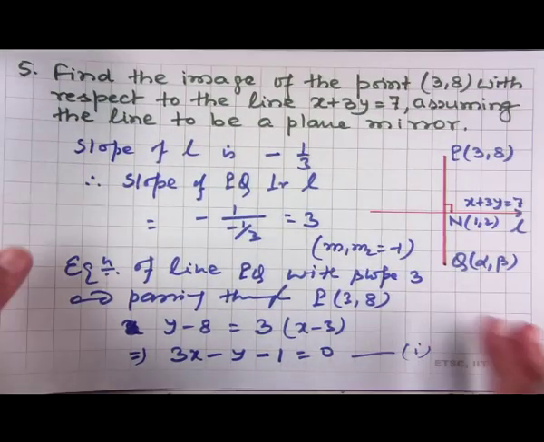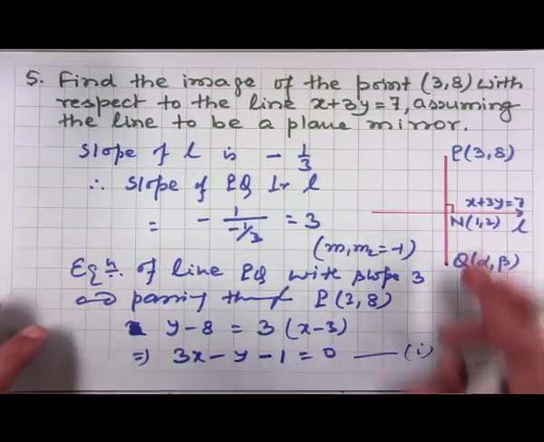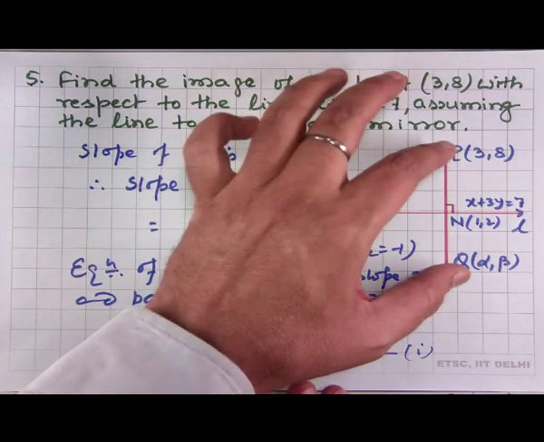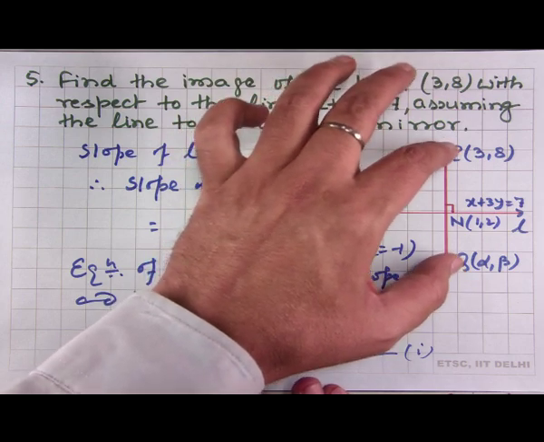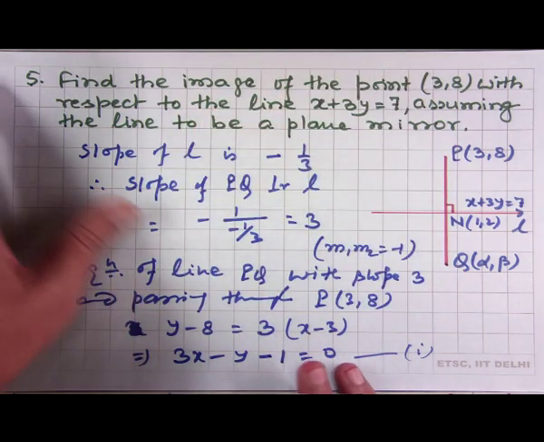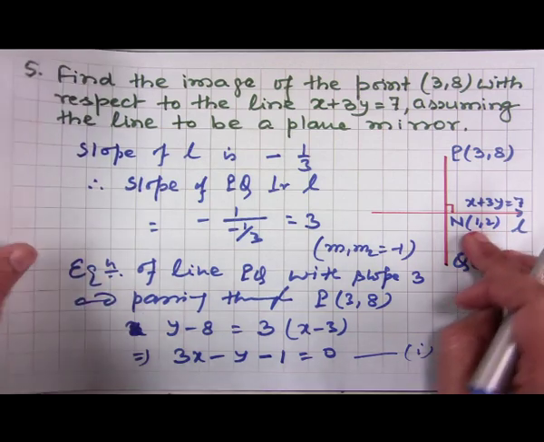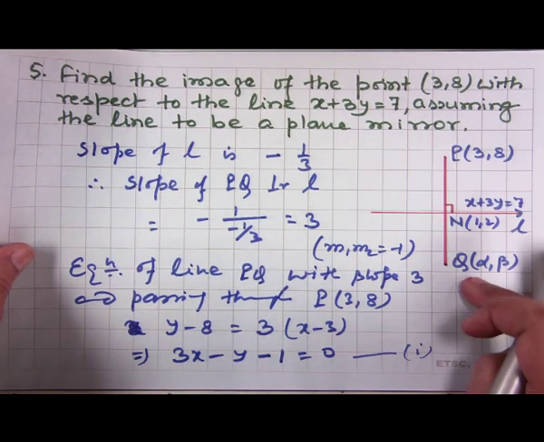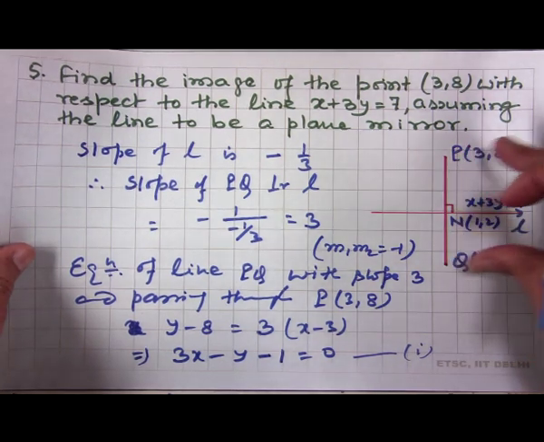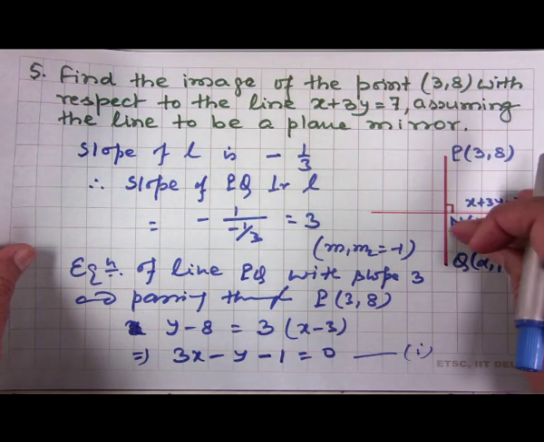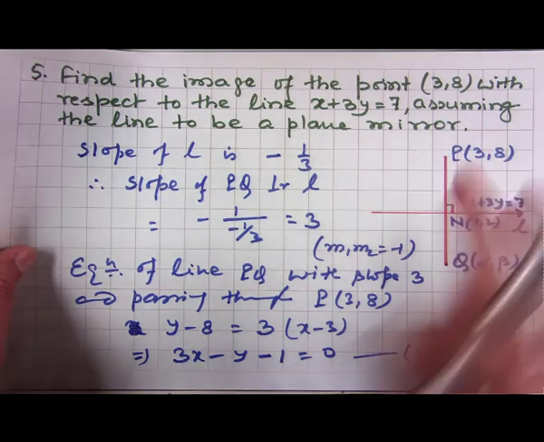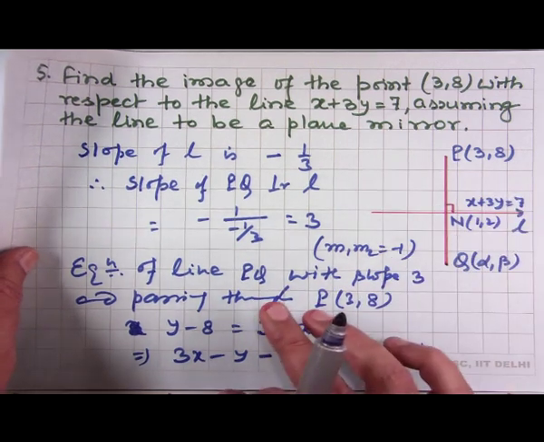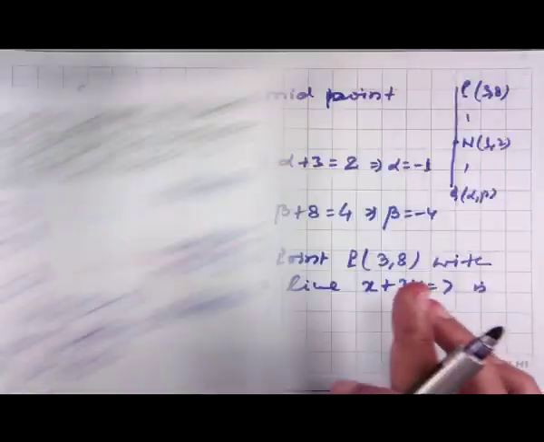In another way, we can also find this image of point. Say this PQ, this line intersect at midpoint, so find the value of this N in terms of alpha and beta, and put that value in this equation, you will get the value of alpha and beta.